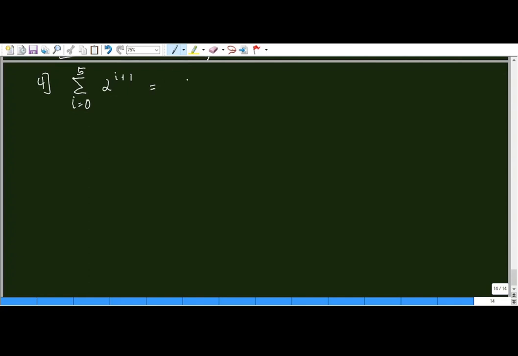So again, parang ginawa natin kanina, that is 2 raised to, I'll start from 0 plus 1, plus 2 raised to 1 plus 1, plus 2 raised to 2 plus 1, plus 2 raised to 3 plus 1, plus 2 raised to 4 plus 1, plus 2 raised to 5 plus 1.